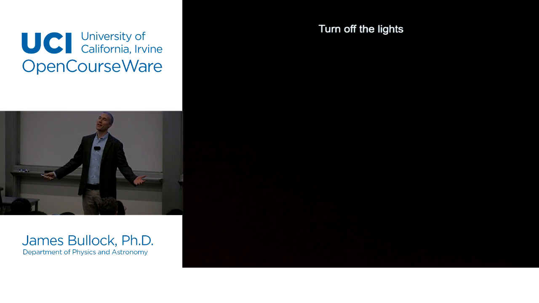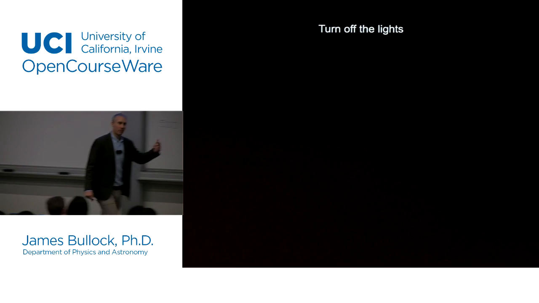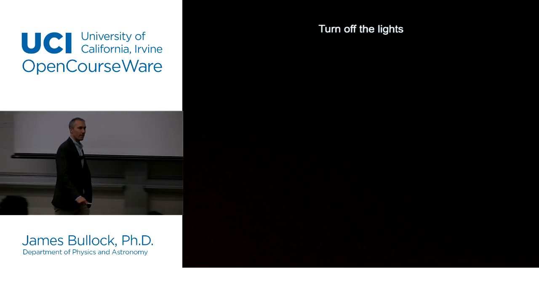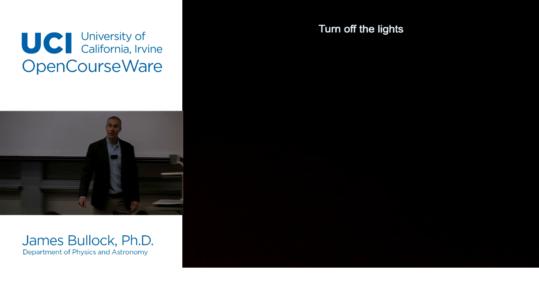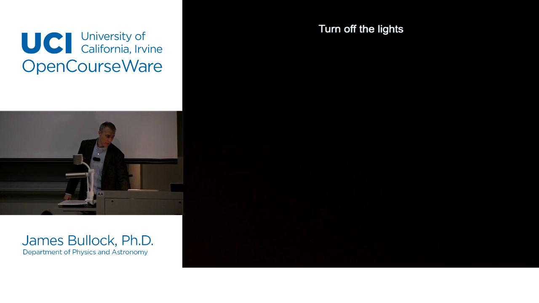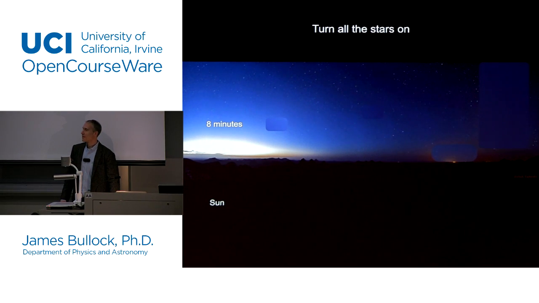Okay. And then we stand here. Then God turns everything back on. Turns the switch on. What happens? Well, it stays dark. It stays dark for about 8 minutes. Suddenly, we see the sun. That's all we see.